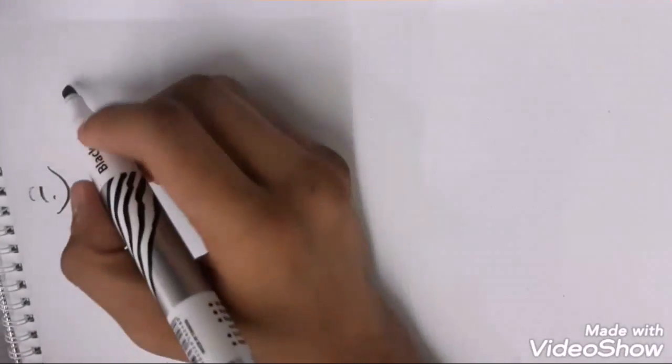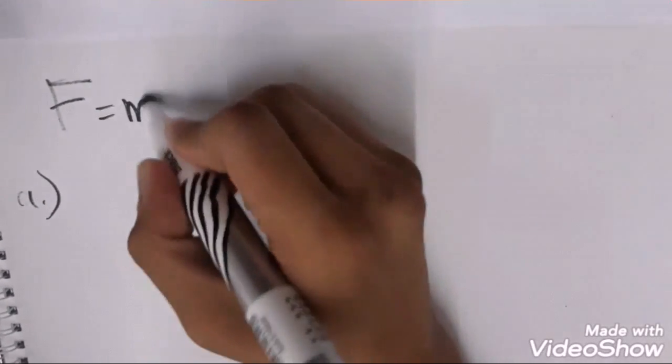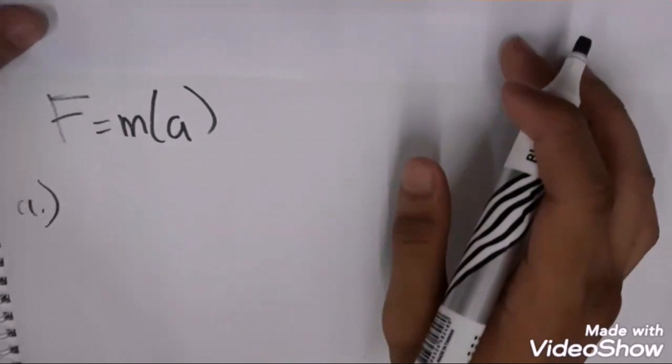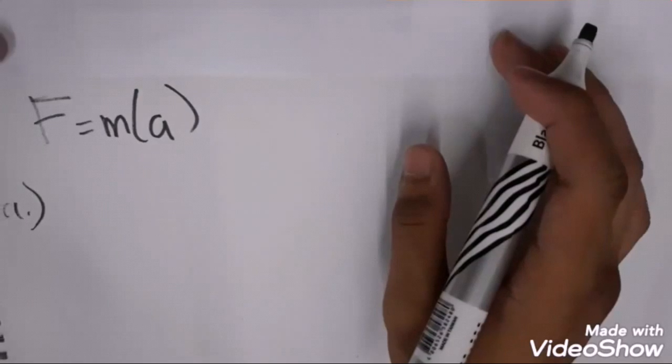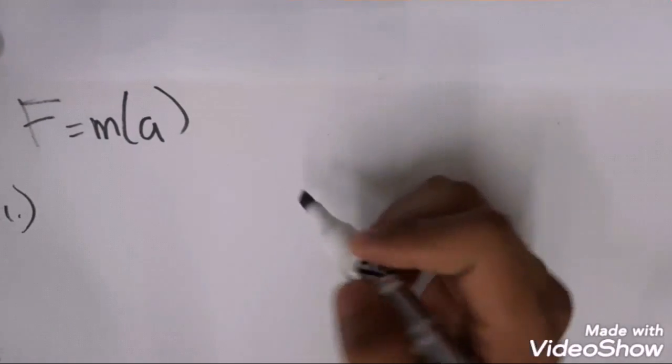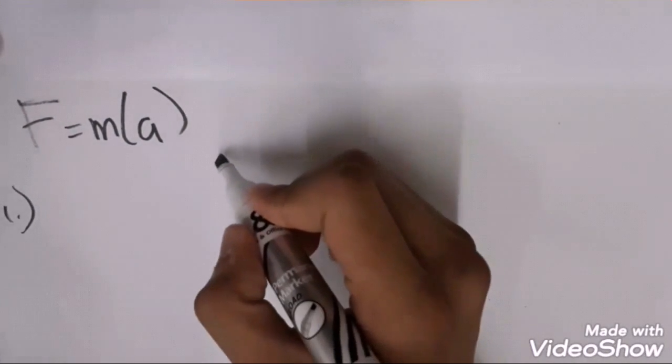So, in letter A, we need to get the force, which is equal to mass times acceleration. But we don't have the given for acceleration, so we need to find it first. But before that, let's make first a graphical representation of the problem.